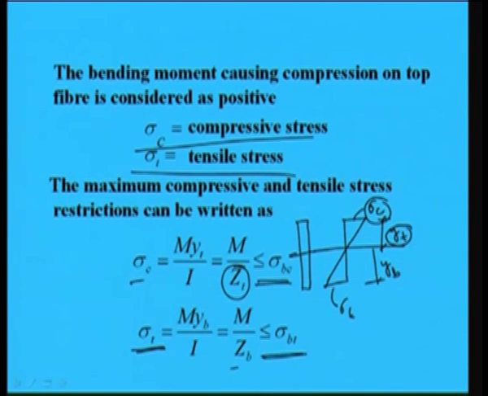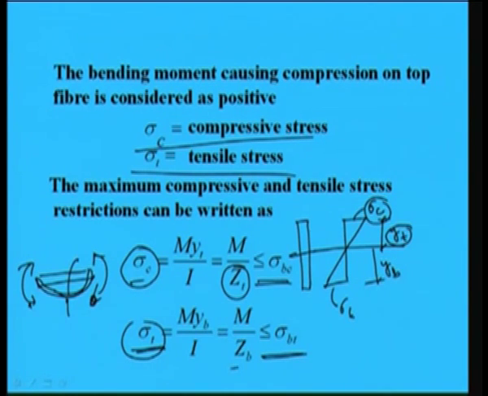Now, at the bottom we are considering tension and at the top compression, assuming that the beam is like this and the moment is developing like this. If it buckles like this, then at the bottom it will develop tensile force and at the top it will develop compression force.